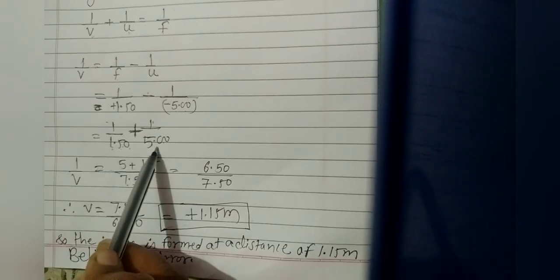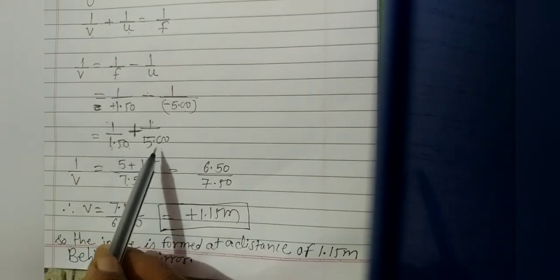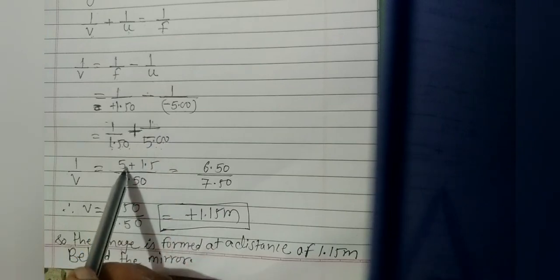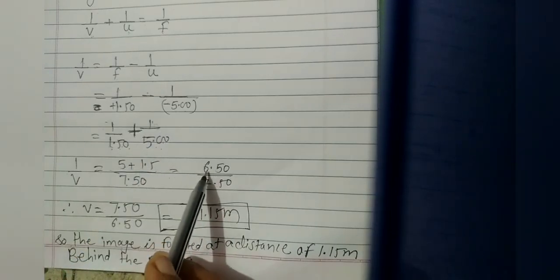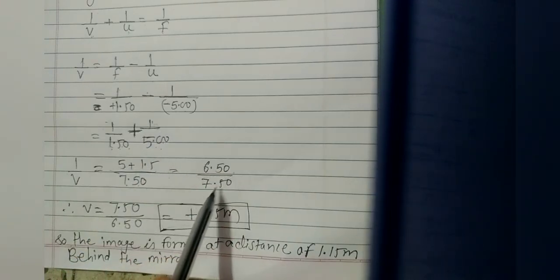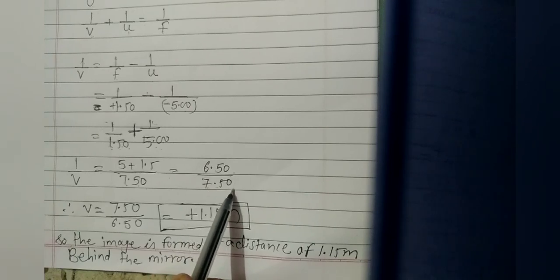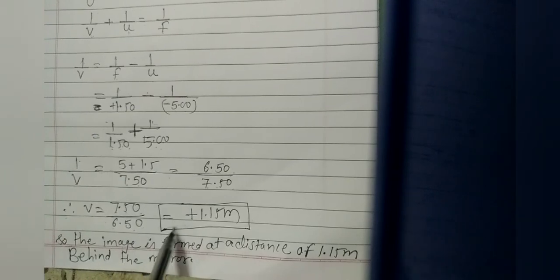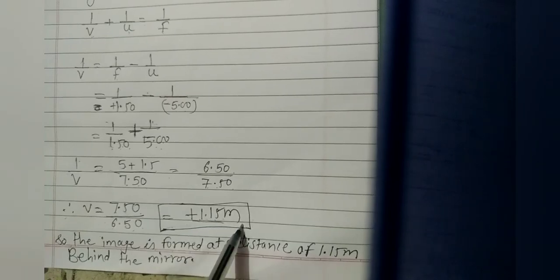So we have multiplied this denominator and then cross multiplication. We obtain 6.50 divided by 7.50. This is the value of 1 upon V. Therefore, V is equal to 7.50 divided by 6.50. On solving, we will obtain V as plus 1.15 meter.